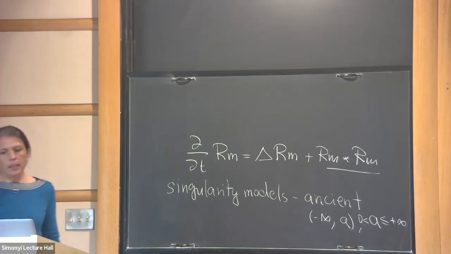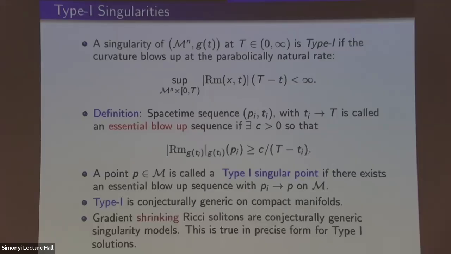Okay, so here is the definition of type 1 singularity. Let's say that g(t) is the solution of your Ricci flow. We say that the singularity at some finite time, capital T, is type 1 if, when you take the supremum of the norm of the Riemannian curvature and multiply it by the time to blow up, that is finite. So this means that the curvature at most can blow up like a constant over the time to blow up.